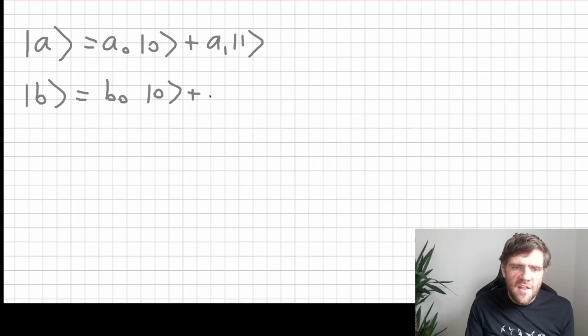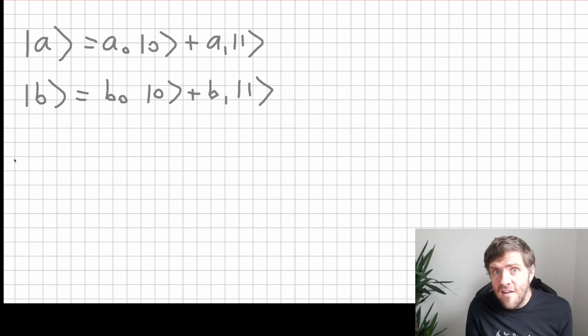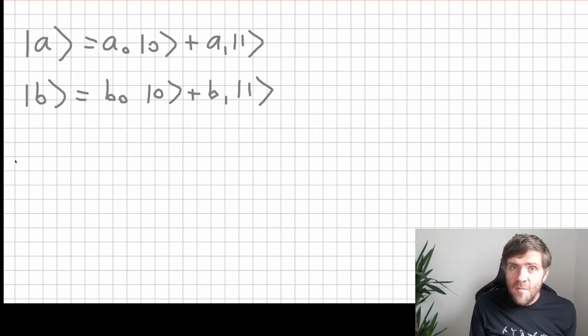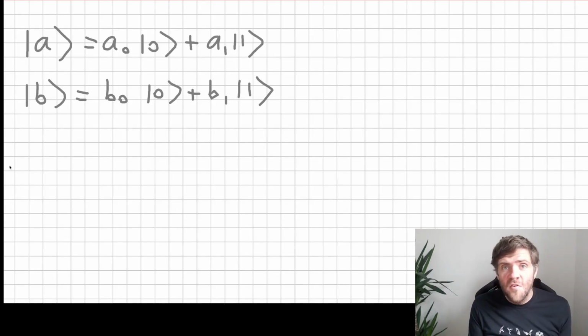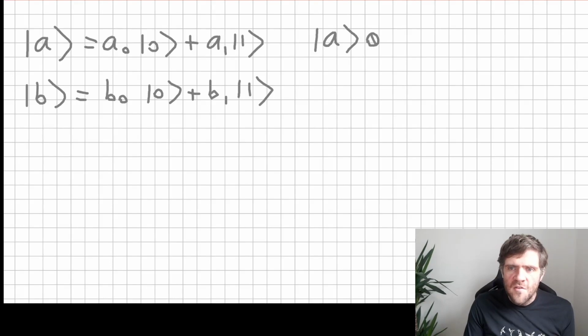Then when we take the tensor product of that, it's going to be a description of a 2-qubit state, which basically just describes the state in which one of the qubits is in the state A, and the other qubit is in the state B. So you can still do all of your familiar single qubit stuff on 2-qubit states, but you just have to use the tensor product to make them more general. So let's just write down that the 2-qubit state is A tensor B to have that on the board.